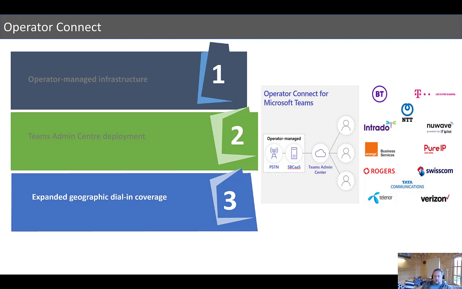And not all of those carriers or operators are delivering the same experience in terms of availability of countries and number types. Some carriers, for example, are providing just one country, and some have got 40 plus countries available on them.